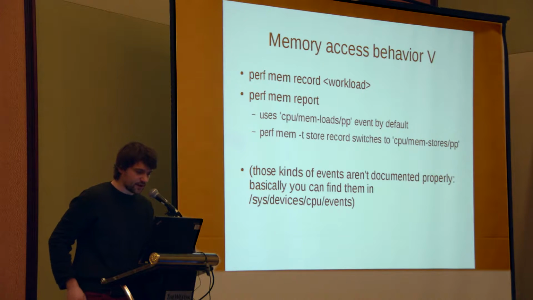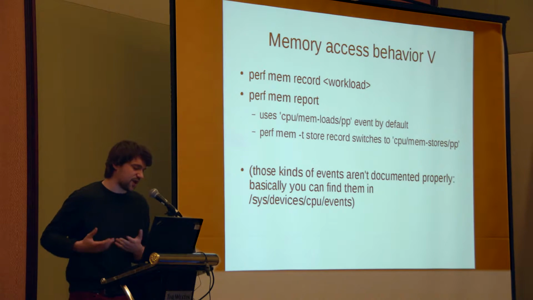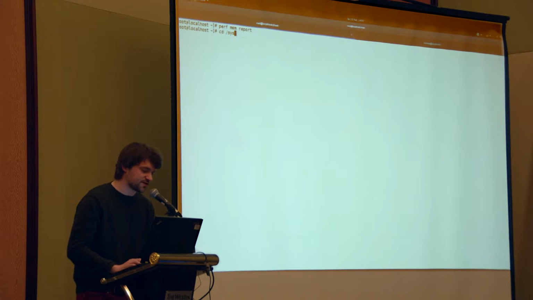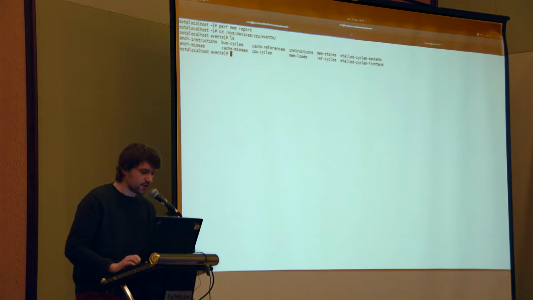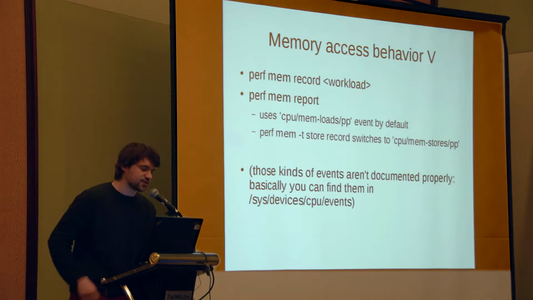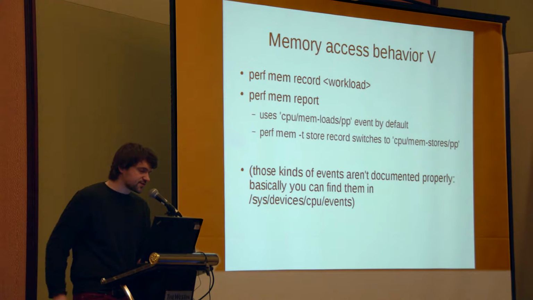So if you wonder about the CPU/mem-load/pp event style, this is not documented in perf list. It basically is a path, or you can interpret it as a path in sysfs. Most of the events are also duplicated in sys/devices/cpu/events, where you can find most of the events, and you can specify them like you have seen here, just specifying CPU/whatever/flags.